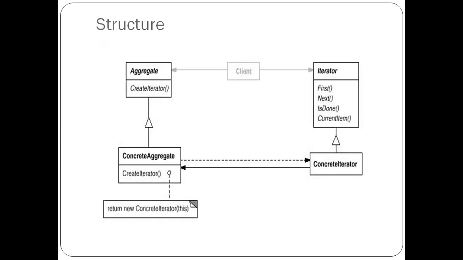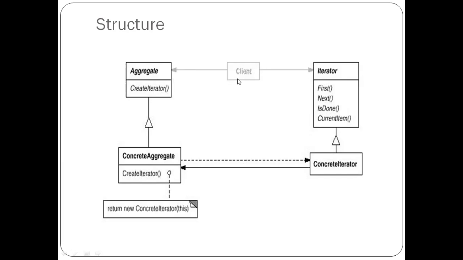First, the main elements and participants of the iterator are the aggregate and iterator. Aggregate here is our composite object, and iterator is the class which will be solving our problem. Client is the application which we are using for aggregate also, and to access the elements of the aggregate.